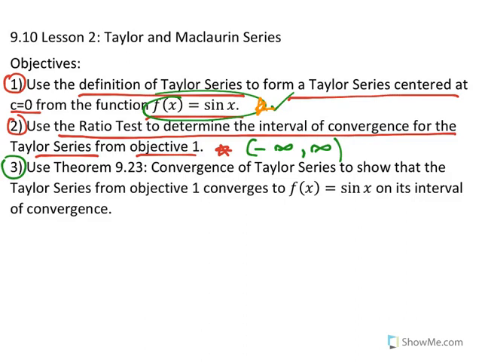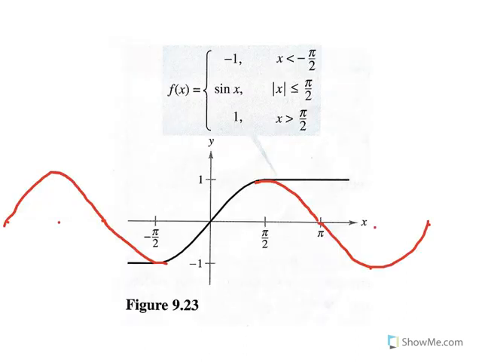But first, I want to address the issue of why you might have a Taylor series that does not necessarily converge to the function from which it was derived on its interval of convergence. So we look at figure 9.23. And in black, we see the graph of the function f of x, which is a piecewise defined function.